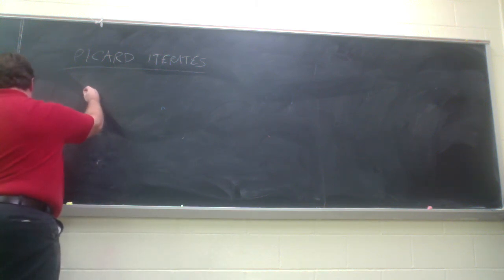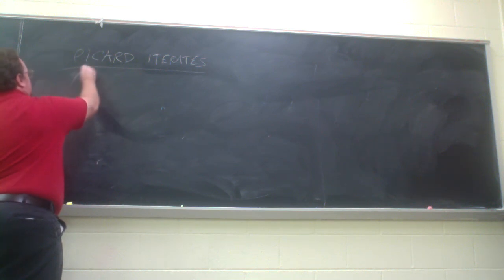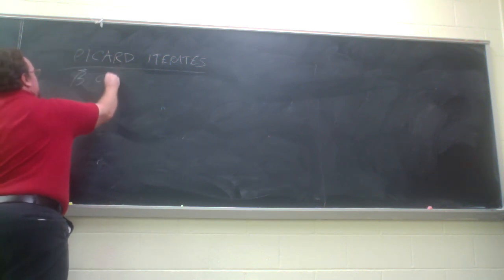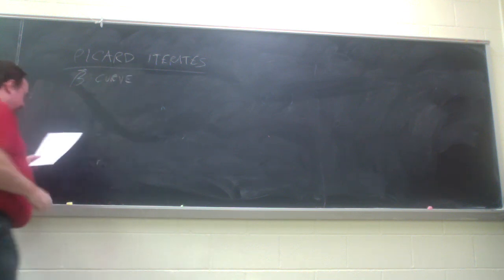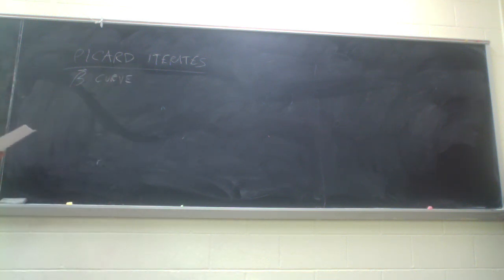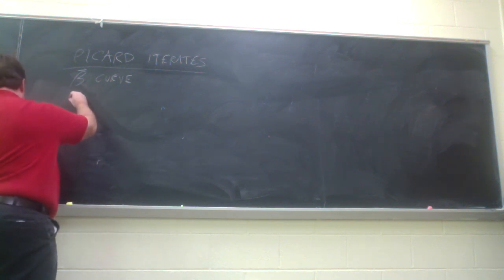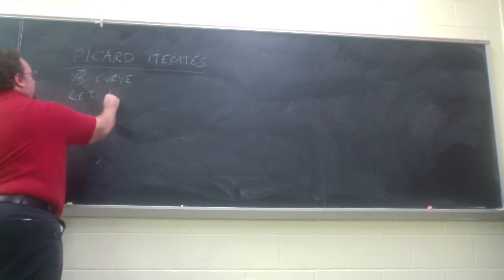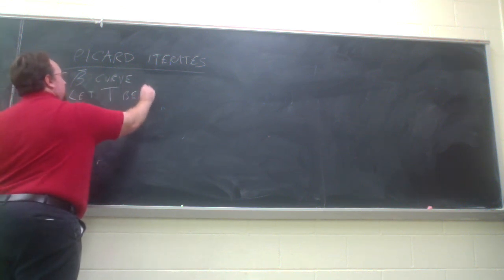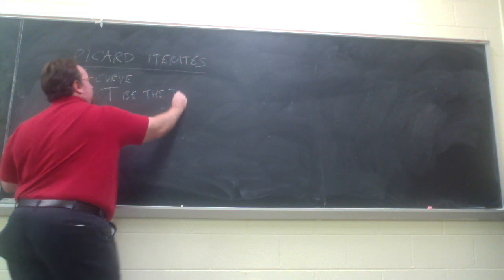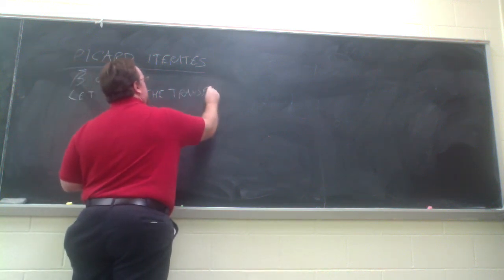For Picard iterates, the idea is, so we have some curve we'll call beta, and we define a transformation that takes a curve beta and gives you a new curve.